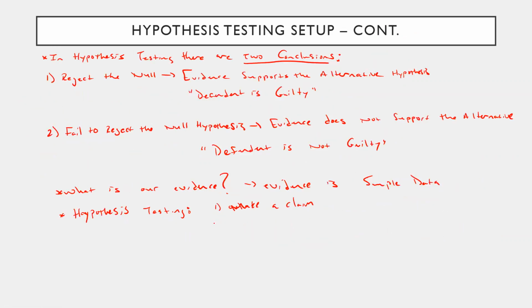After you make your claim, you're going to collect sample evidence. In this case, my sample evidence is my data. And then the third thing you're going to do is analyze the evidence.